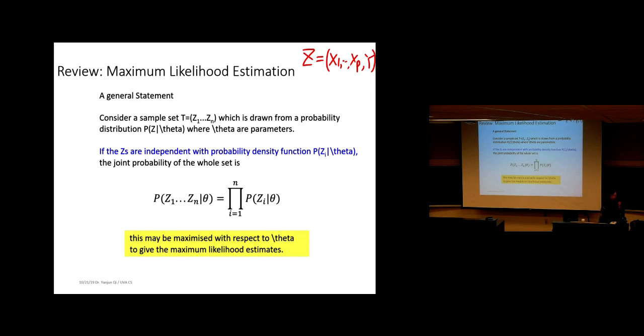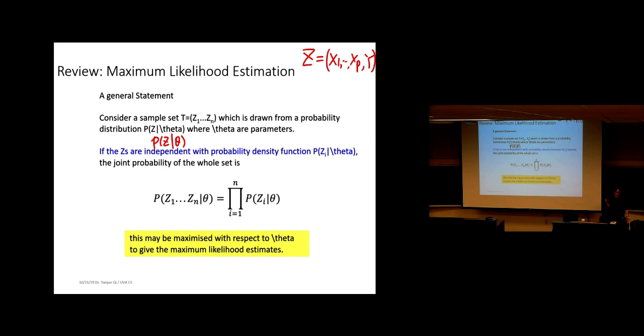Here you're assuming they're generated from some kind of probability distribution, and the whole goal is to estimate theta by fitting this probability distribution to the data.